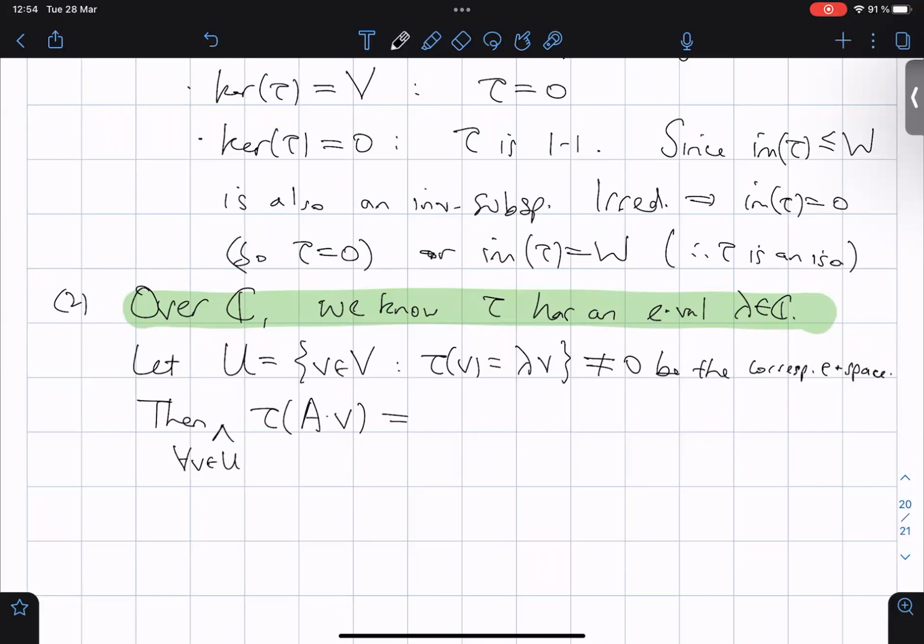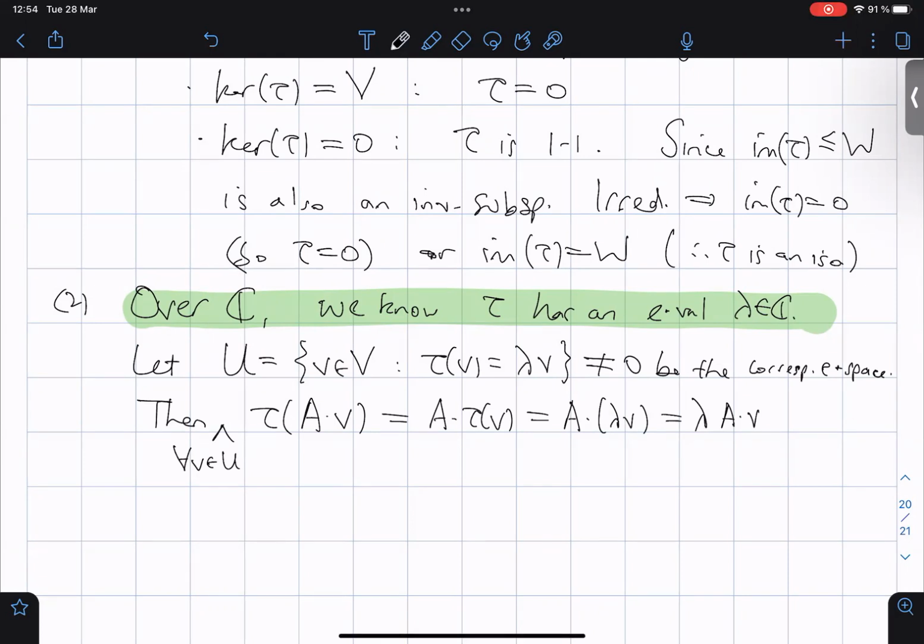Tau is an intertwiner, so I could push the A past the tau. This is an eigenvector, right? This v is living inside this capital U. So we have A acting on lambda v. Lambda is a scalar, so I could just pull that out of the linear map out front.